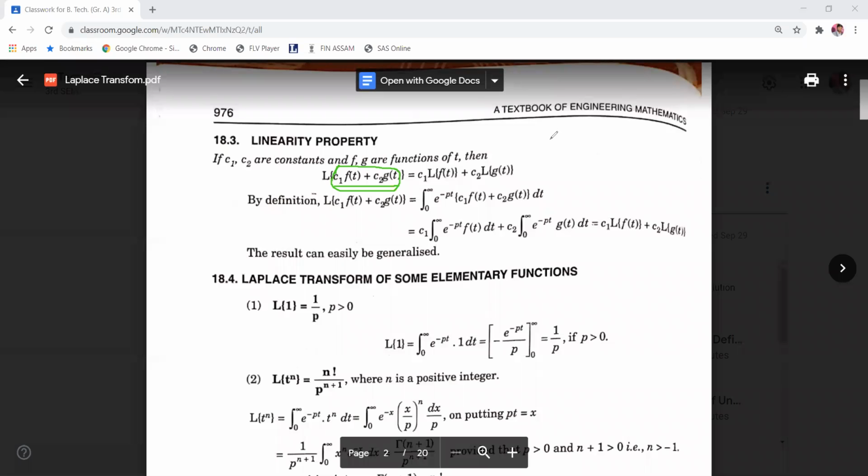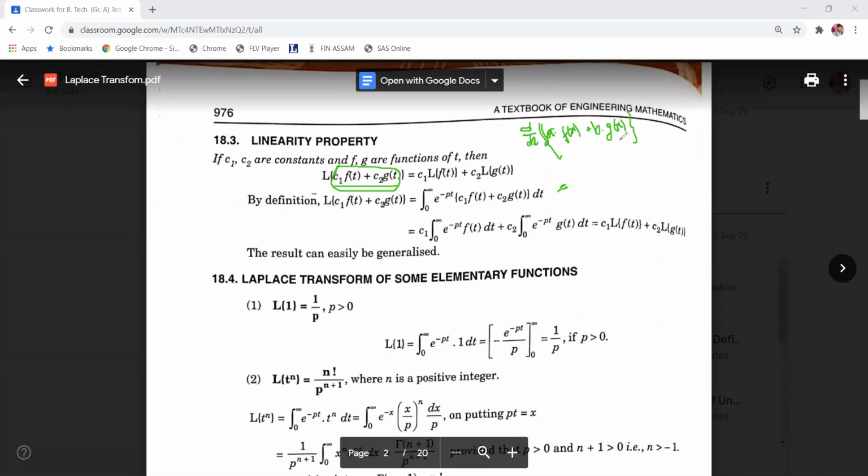So like in case of differentiation, it is simple. Suppose you have d/dx of a into f of x plus b into g of x. Then how will you differentiate it?